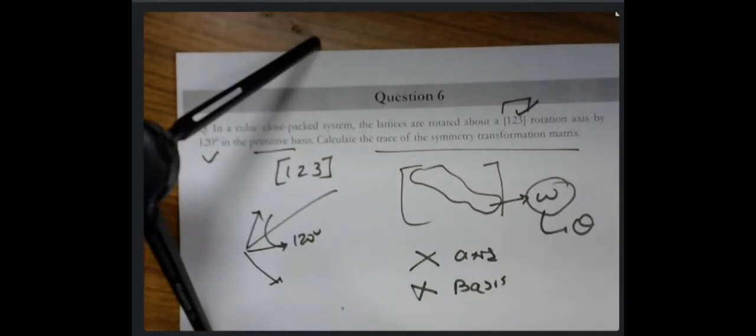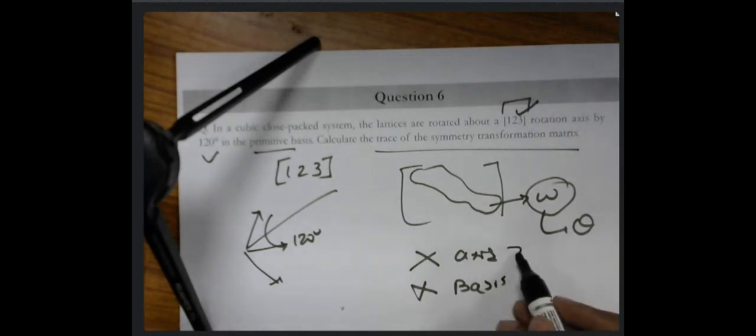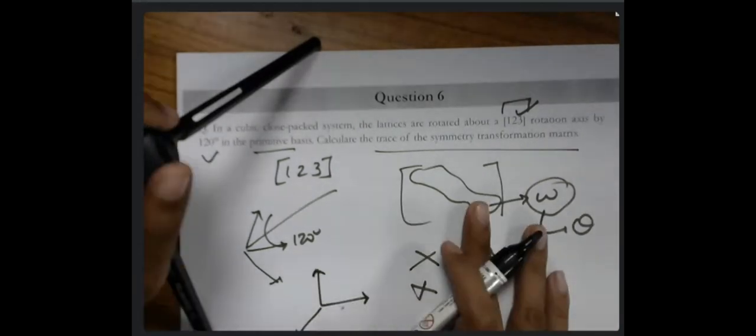So simply, since it is independent of these things, we will make our cube a simple cube without worrying about its primitive basis. We can say this is x, this is y, this is z.